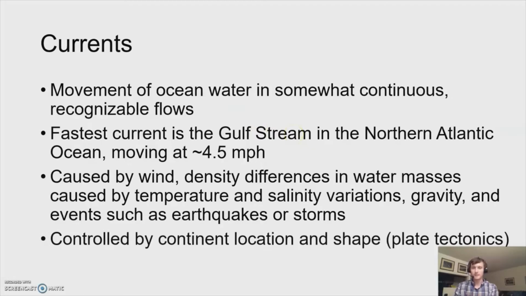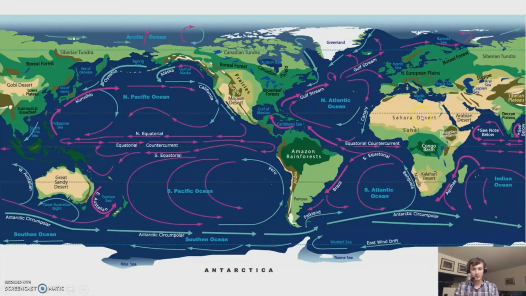Finally, these are constrained by the shapes of continents. You can't have a current that goes through a continent. So the continent shape is like a rigid block, and the oceans move, but they can never go through or over the blocks. You'll see the map, this will make a lot more sense.